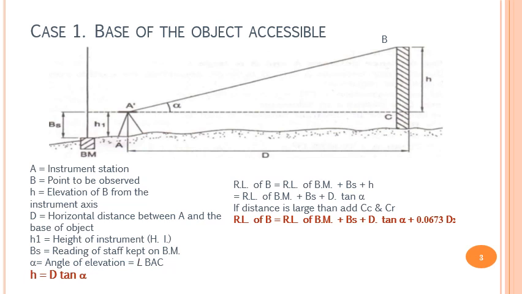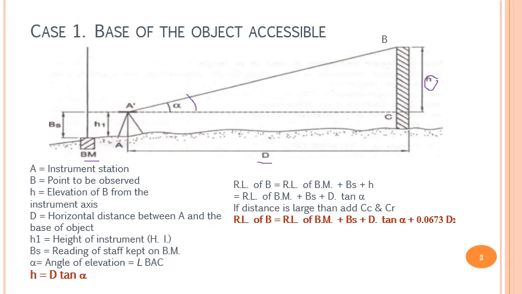Here we refer to a sketch or diagram showing all the nomenclature: the height h, the angle alpha, the horizontal distance d, BS, h1, and the benchmark BM.